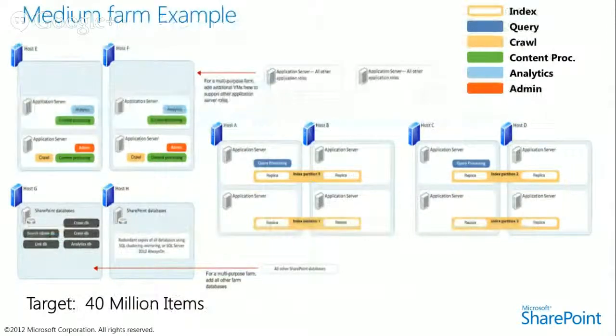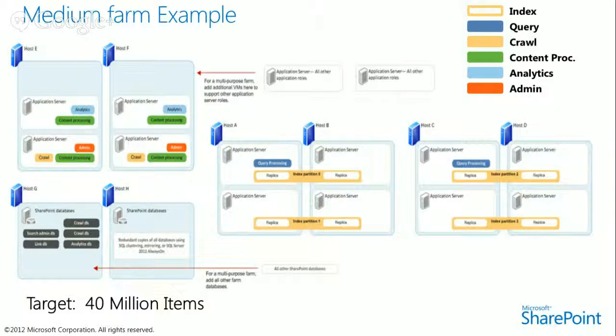Similarly, we have a medium farm where we will have somewhere close to 40 million items. In such situations, it's better to have a dedicated search farm. So for every 10 million items, it's better to keep one particular index partition. So in this case, there are four index partitions created, and each index partition will have its own replica in a different VM server, so that even if one of the physical servers goes down, it has a replica hosted in the other server.